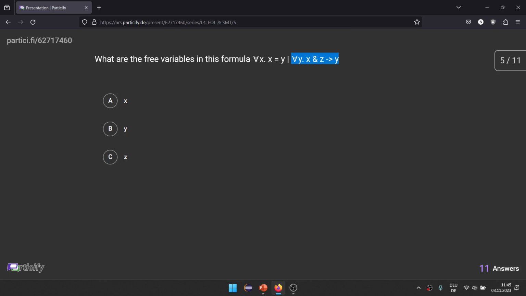So that's exactly the same here. If we have this scope of the for all that goes from this x, then it will take this locally known x here, which is bound by this quantifier, and here it will take some free x because it's not bound by the second quantifier. Okay.